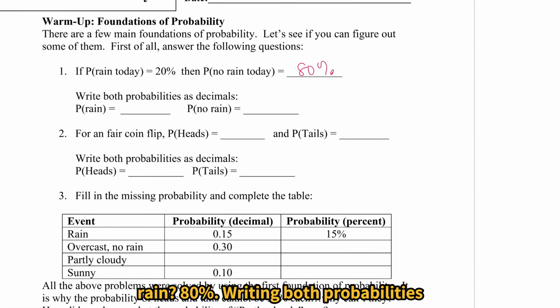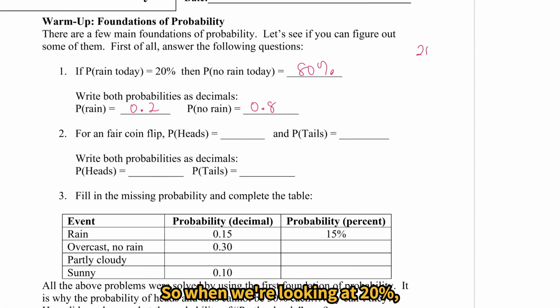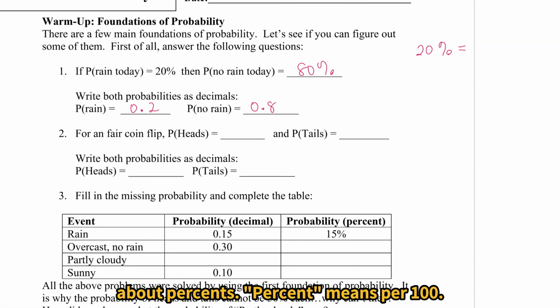80%. Writing both probabilities as decimals, 20% would be 0.2 and 80% would be 0.8. So when we're looking at 20%, here's just a quick refresher for you about percents.